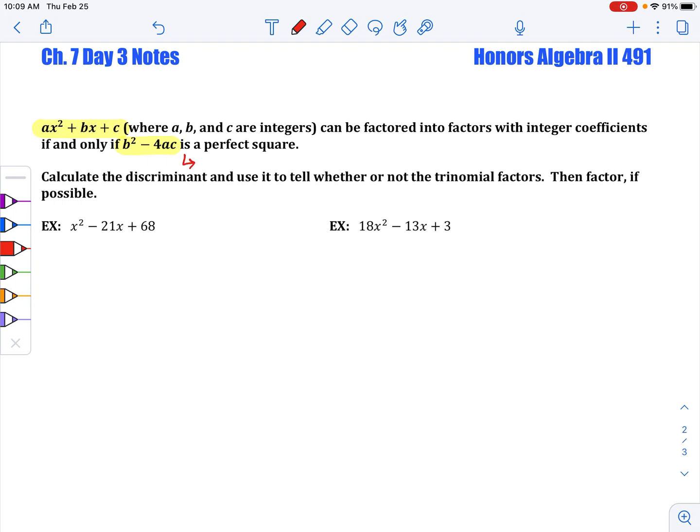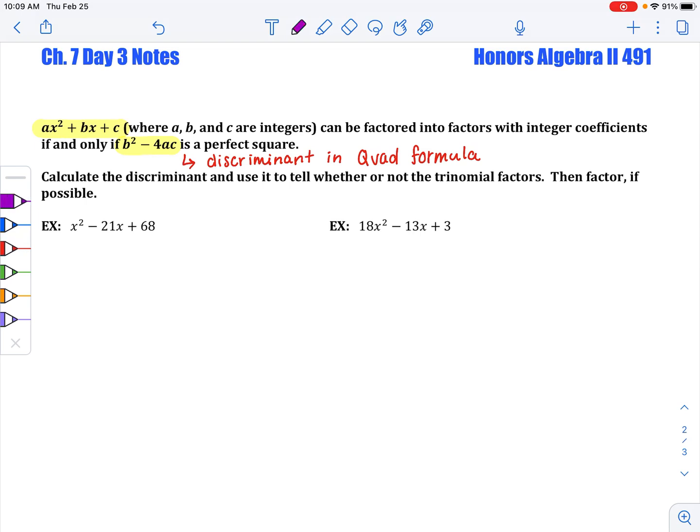Yes, it should, because it is the discriminant in the quadratic formula. It's what comes underneath the square root. So what we're saying is, if that is a perfect square, then voila, you'll have integer coefficients for your factors.